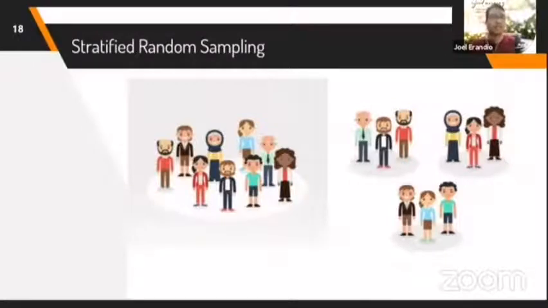So for instance, you divide stratum 1 by the population, stratum 2 by the population, so determine the proportions of each stratum, and then multiply it to your computed sample size, in order for you to determine the sample size per stratum. Okay.